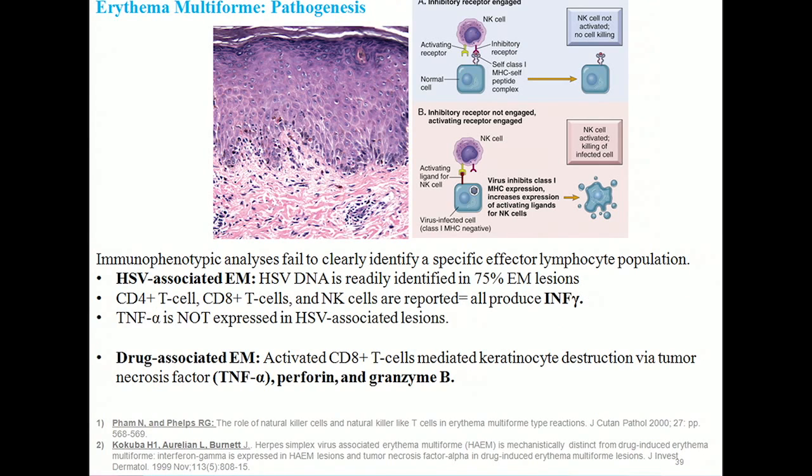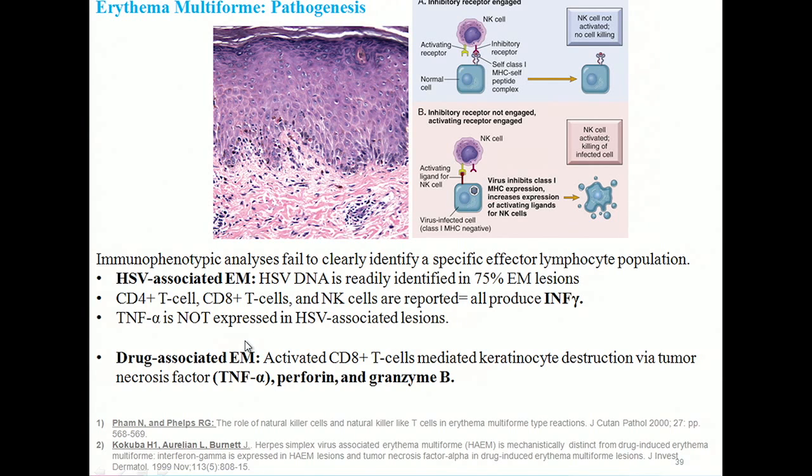As for the pathogenesis, several studies have failed to clearly identify a specific effector lymphocyte population, but what's known is that 75% of cases of EM are associated with HSV DNA. These infiltrates are composed of CD4, CD8, as well as natural killer cells, which have all been reported, and they all secrete interferon gamma, which is thought to be the important cytokine involved in keratinocyte damage with HSV-associated EM.